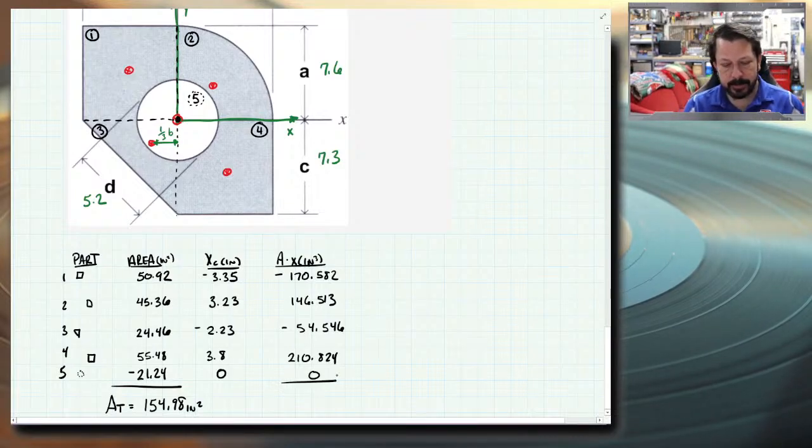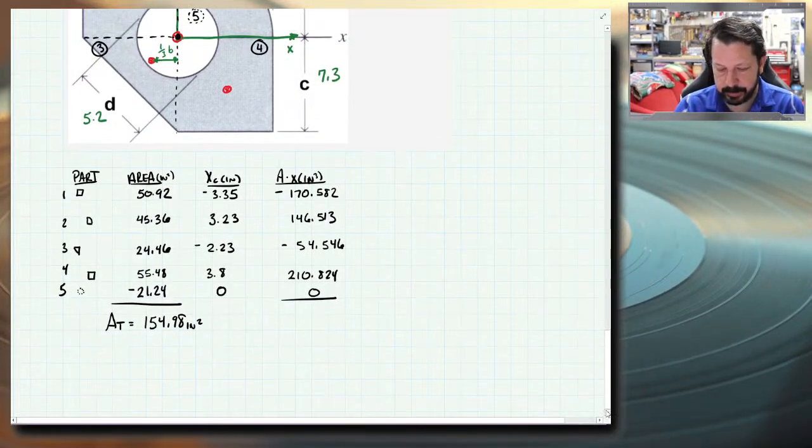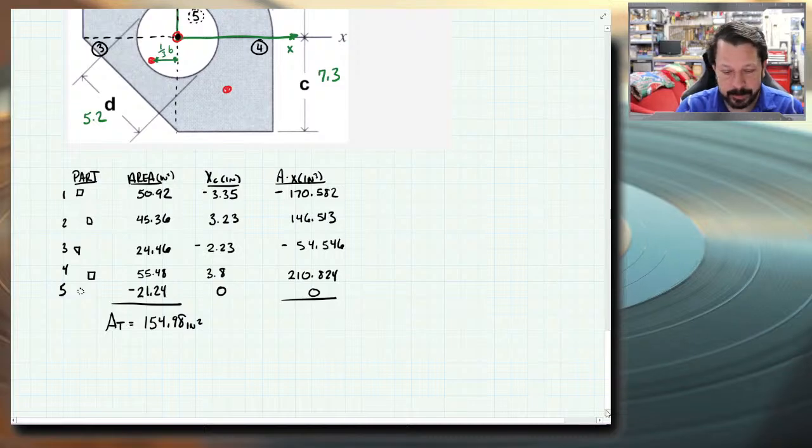And it is possible that you have a negative area and a negative x or y, and it would make a positive number when you multiply them together. So even though it seems kind of weird that they're both negative, it does work like real math.